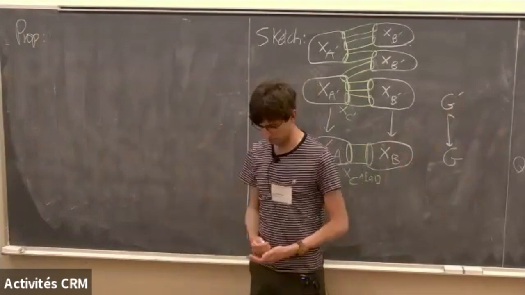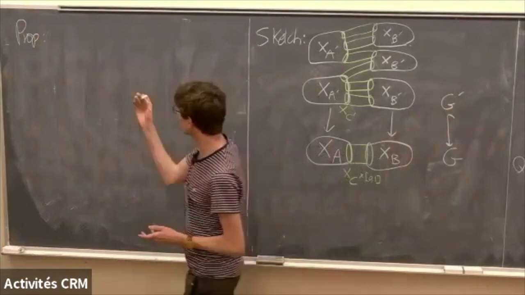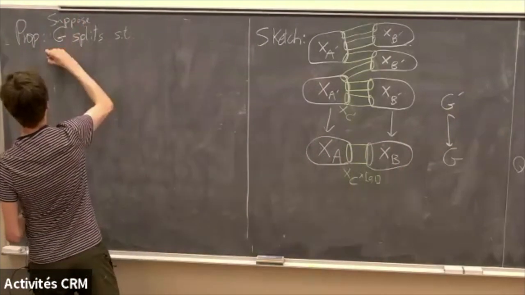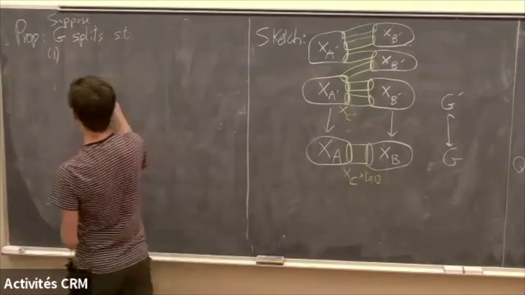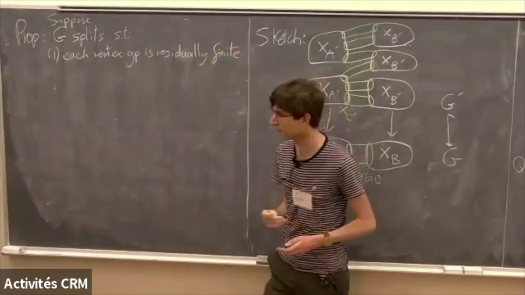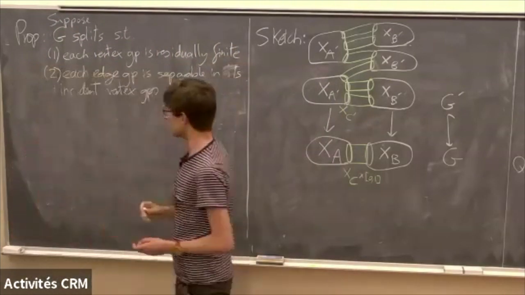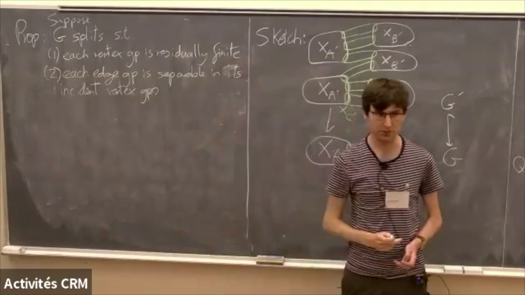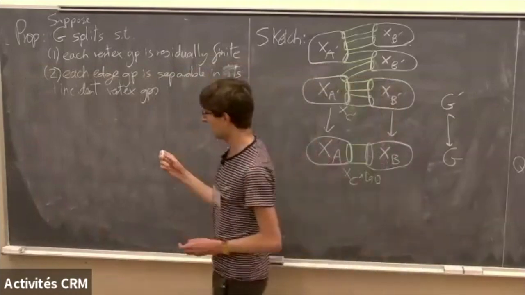So this will be a sufficient condition for G to be residually finite. So suppose G splits such that 1, each vertex group is residually finite. 2, each edge group is separable in its incident vertex groups.